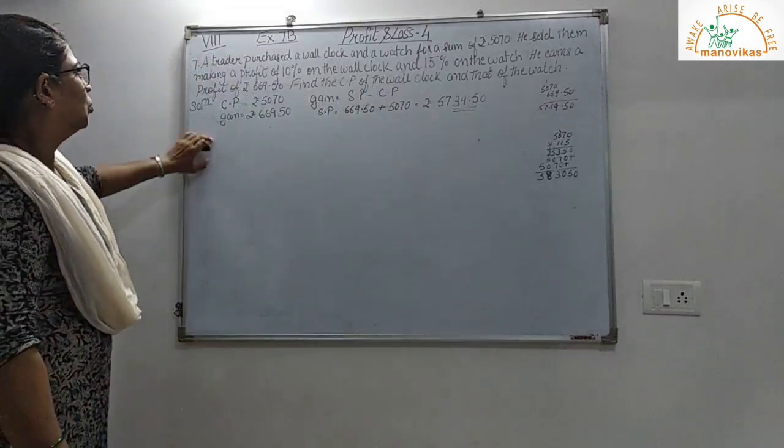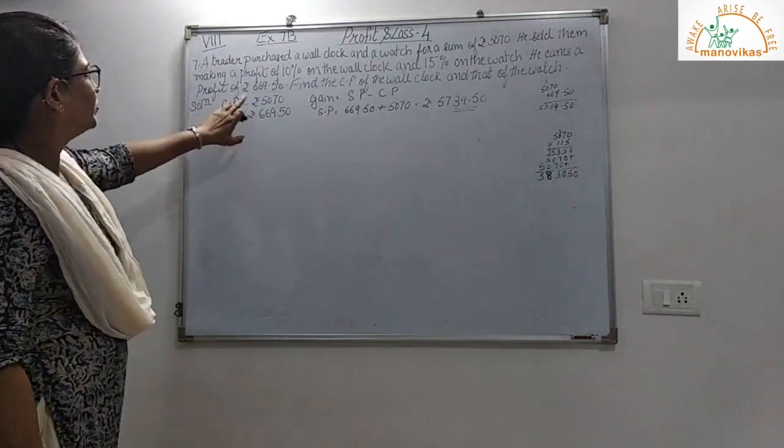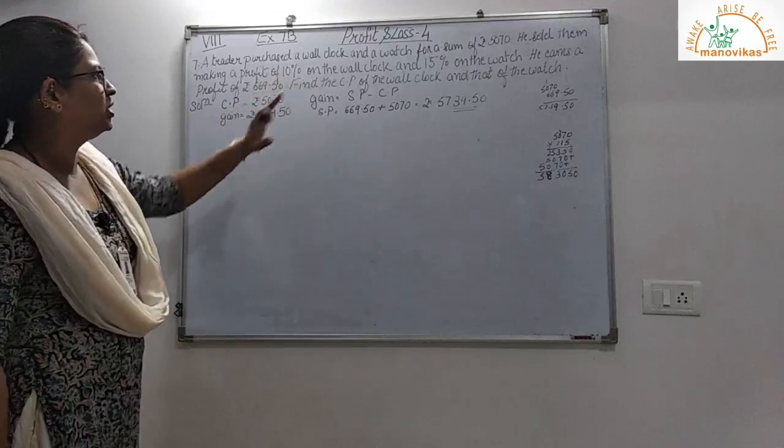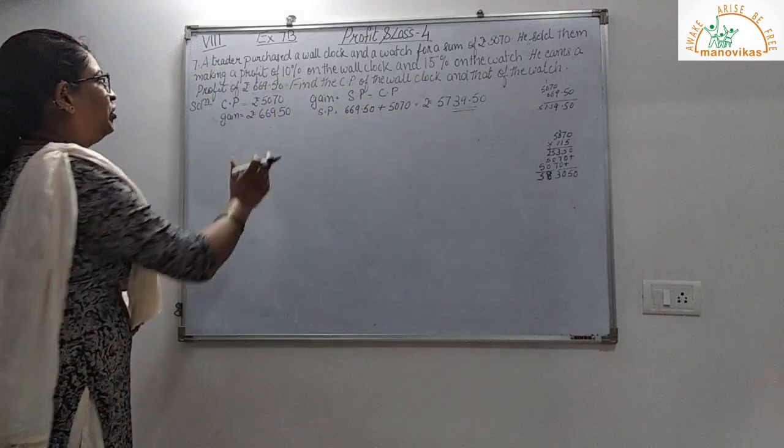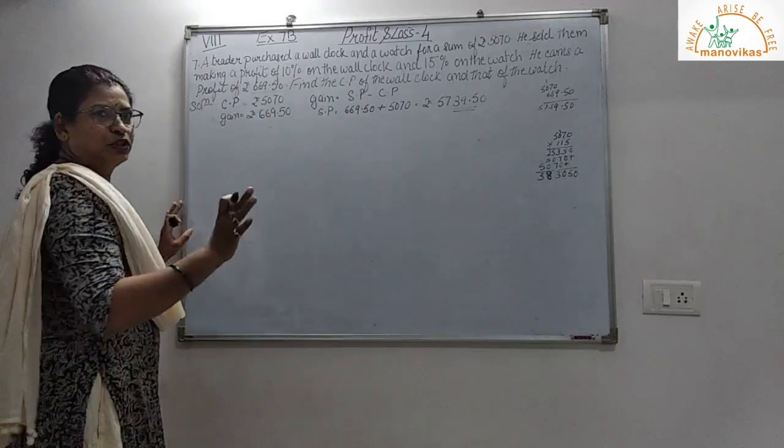Now we don't know the cost price of both the items, of the wall clock as well as of the watch, but we know the total cost price of both the items.